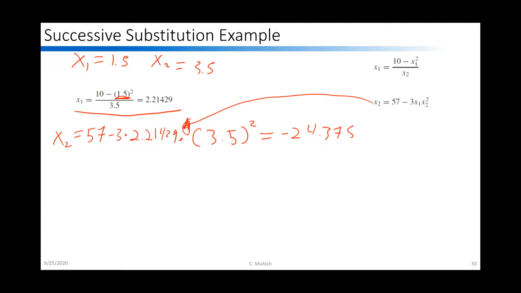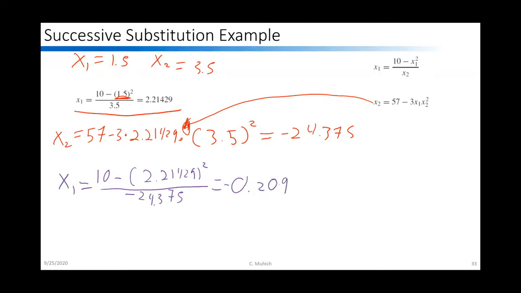Okay, so great. This is now the end of our first step. So we can go in and do the second step. Once again, we can write out our x1 equation, 10 minus x1 squared, so 2.21429 squared, over our x2, which was negative 24.375. I do out my math, and I end up with negative 0.209.